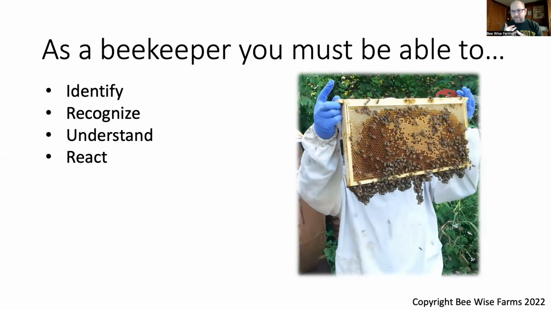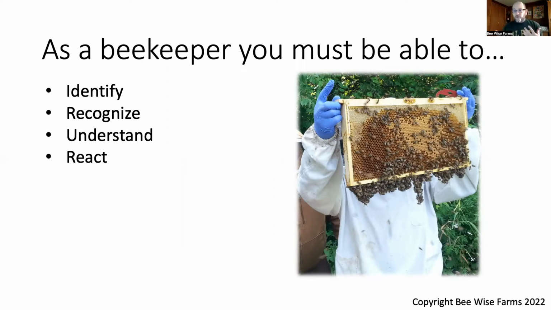If you can't identify the sexes of your bees, that's a problem because you're going to have difficulty telling the difference between a drone and a worker or even a queen. You have to recognize the situations that are dangerous. If you can't recognize that you're in a queenless situation, for example, the colony is just going to decline, maybe abscond completely, but it's not going to survive and be healthy. You have to be able to understand what you're looking at.